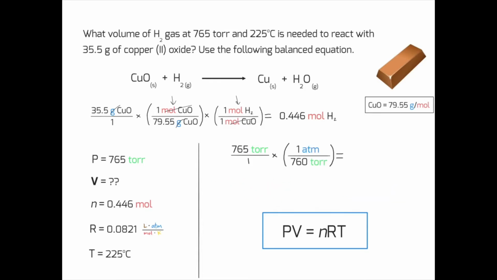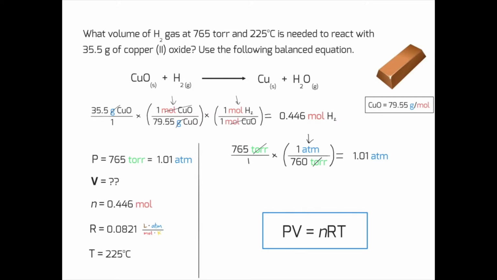So we set up our conversion factor so that we have torr on bottom to cancel with torr on top. So these units cancel with these units, and we're left with atmosphere. So we multiply 765 by 1 and then divide by 760. And what we get is 1.01 atmosphere, which means that our 765 torr is equal to 1.01 atmosphere.